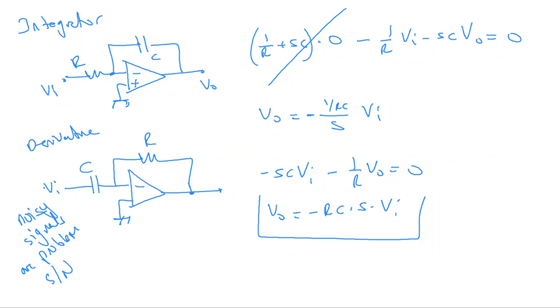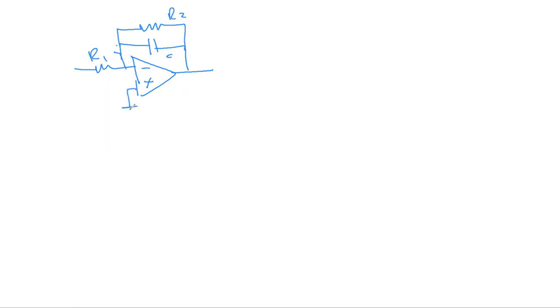So if I make changes and get this, my integrator circuit with a coupling of R1, R2, and C circuitry.